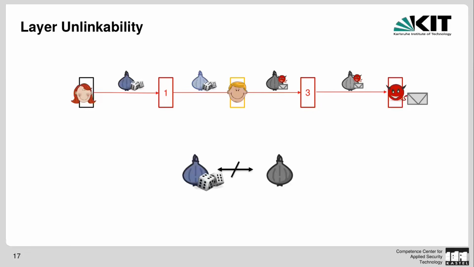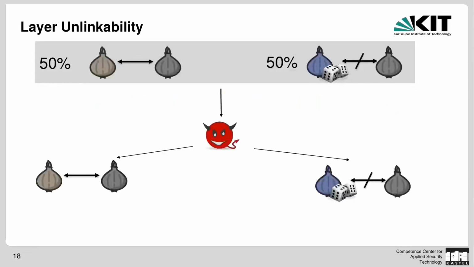Now we want to figure out whether our adversary could catch us in such a lie, whether he would notice that these onion layers actually do not belong together. So how do we do this formally? Well, we define a game, and in 50% of the cases we give the two onion layers that belong together to the adversary, and in the other 50% of the cases we start with the random onion layers.